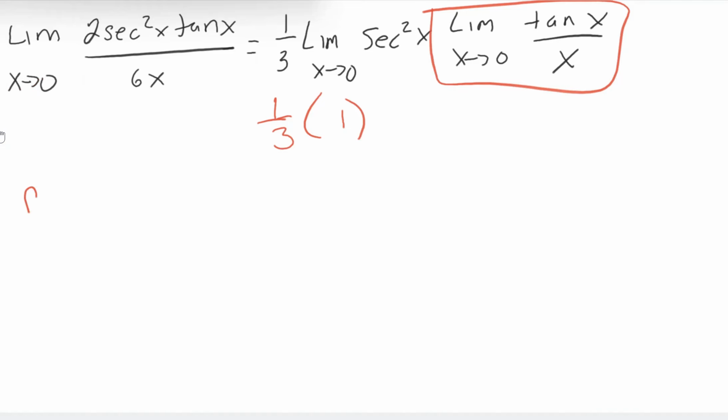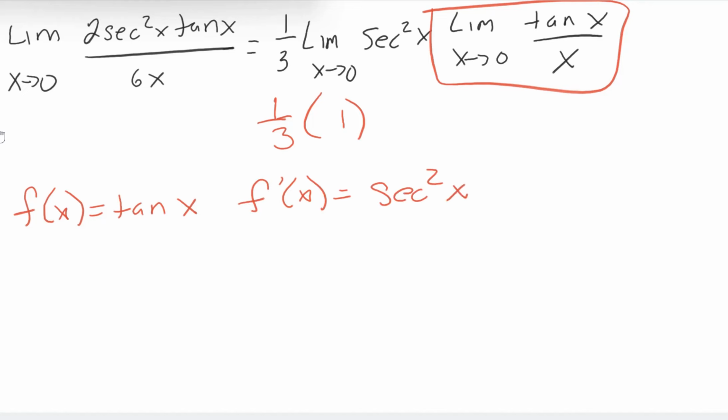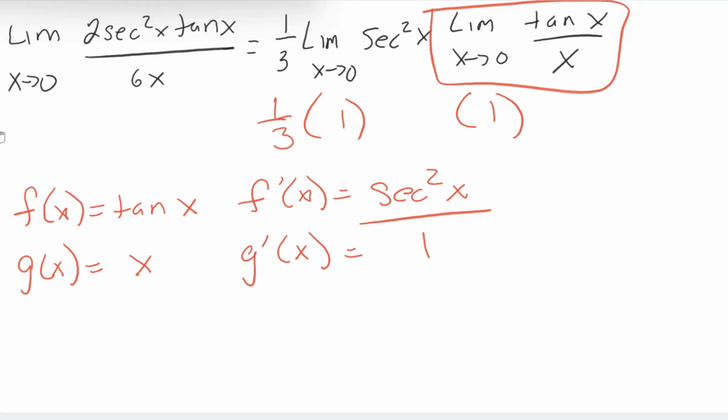So if I have f of x is tangent of x, f prime of x is secant squared x, g of x is x, g prime of x is 1. So now, if we did secant squared x over 1, that also is 1. So my limit does equal 1/3.